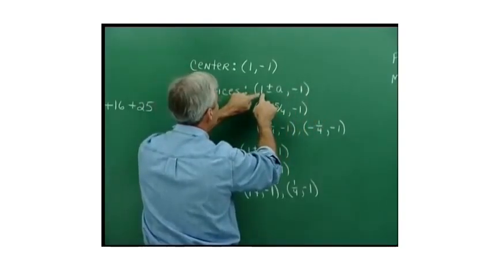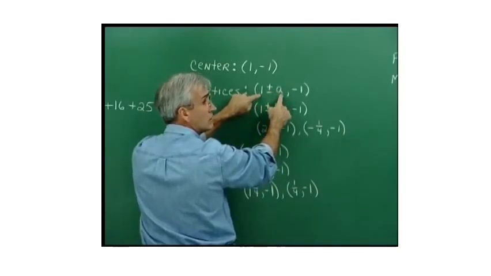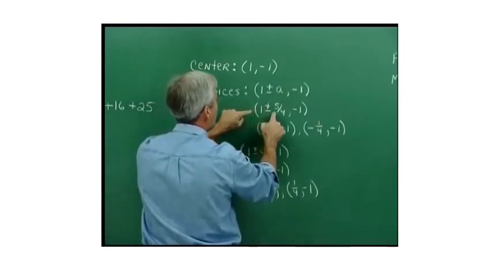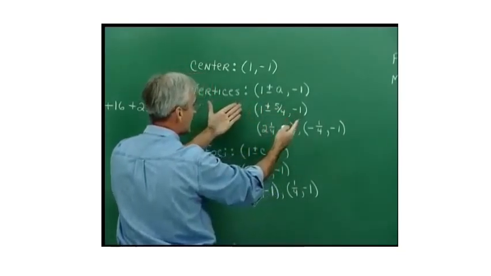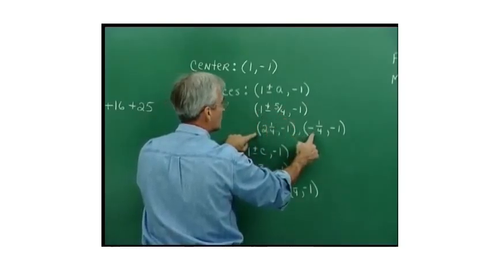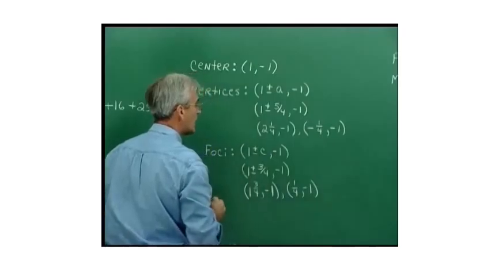So we're going to take the x coordinate and add and subtract that a value, you see, to get the coordinates for the vertices. So it's 1 plus or minus the 5/4, and when we make the calculation, 1 plus 5/4 is 2 1/4, 1 minus 5/4 is -1/4. And then the y component stays the same in both cases.